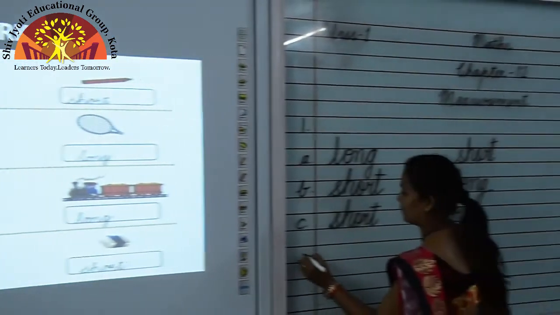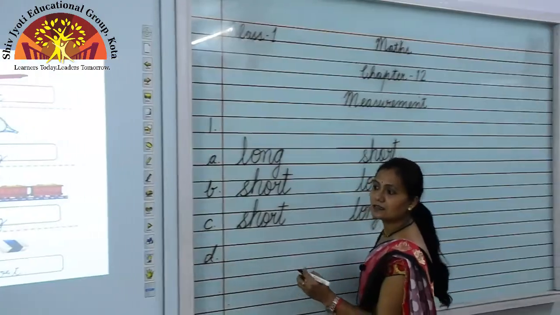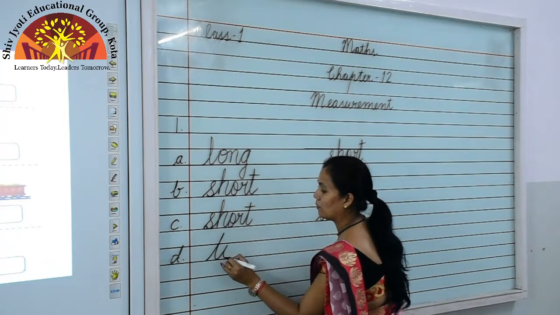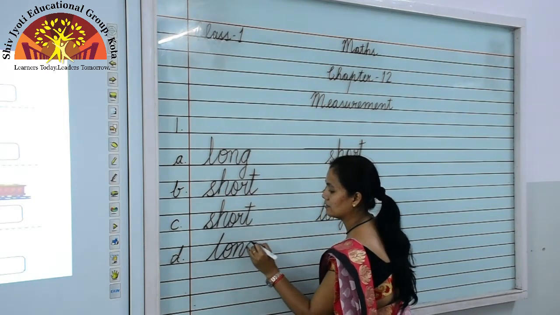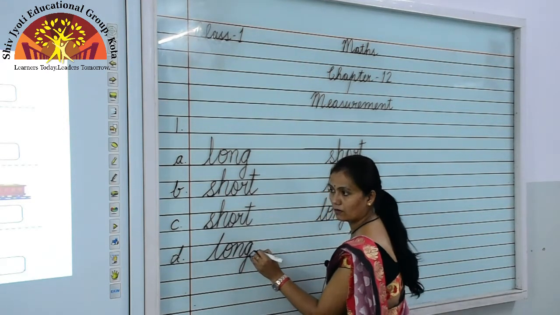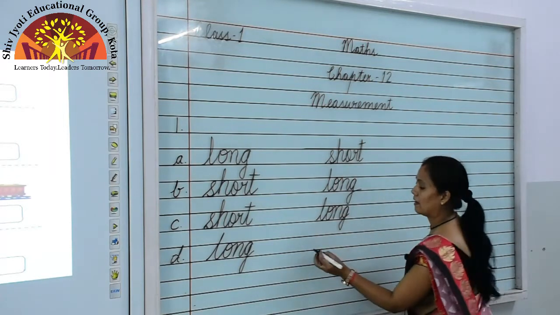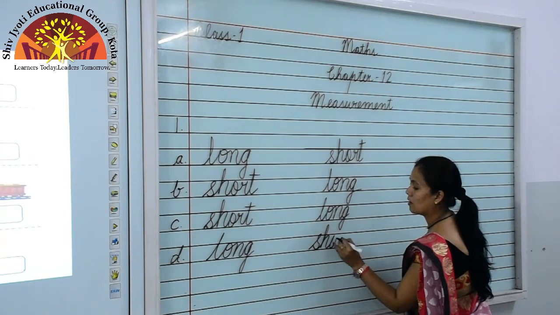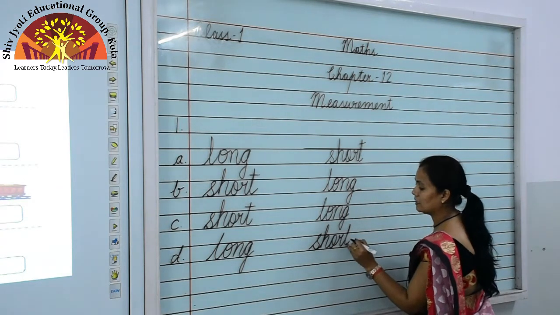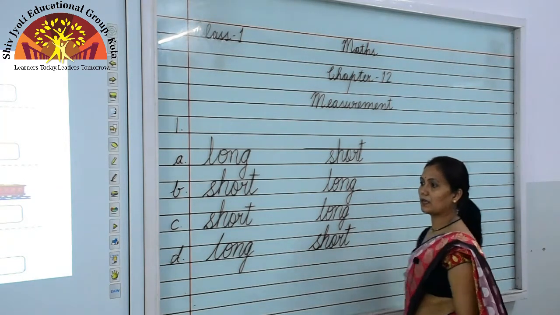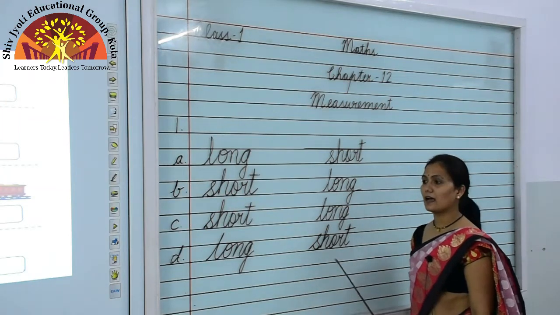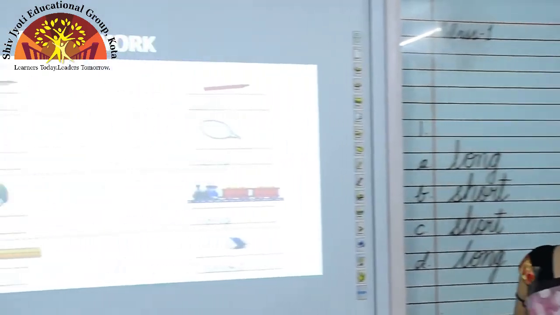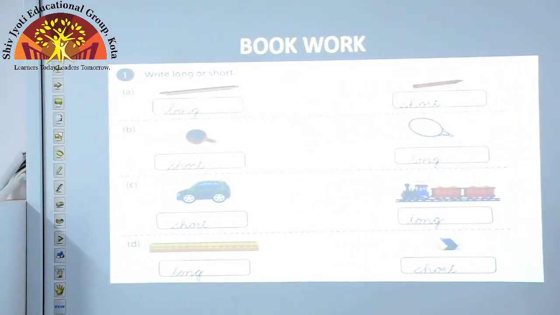Now see, scale is long, L-O-N-G, long, and here short, S-H-O-R-T, short. So eraser is short and scale is long. Now next question.